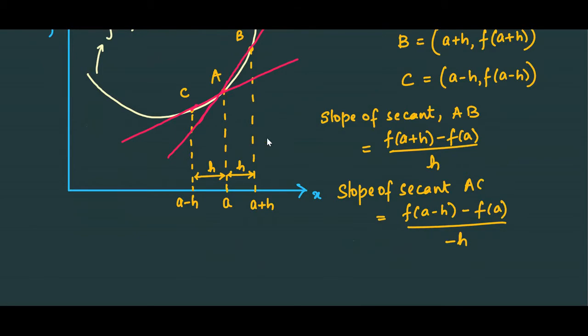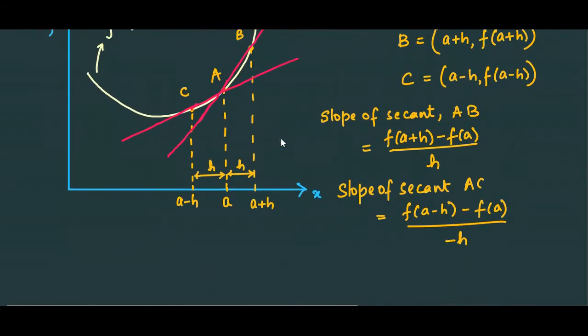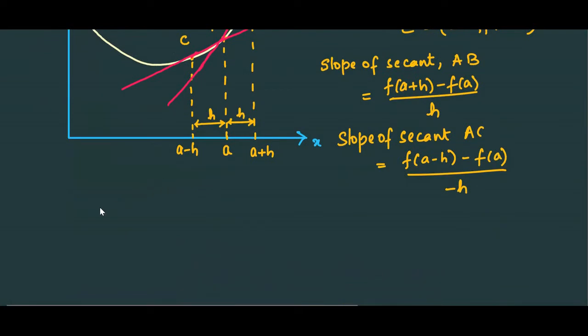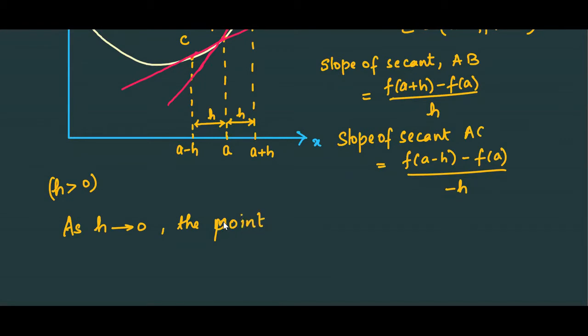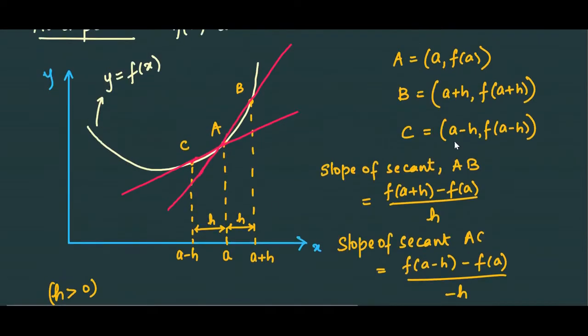So now what I do, I make h tend to 0. Now as h tends to 0, h is a positive quantity. All right, remember h is a positive quantity because we took a plus h and a minus h. Now as h tends to 0, the point B moves towards A. You see here?